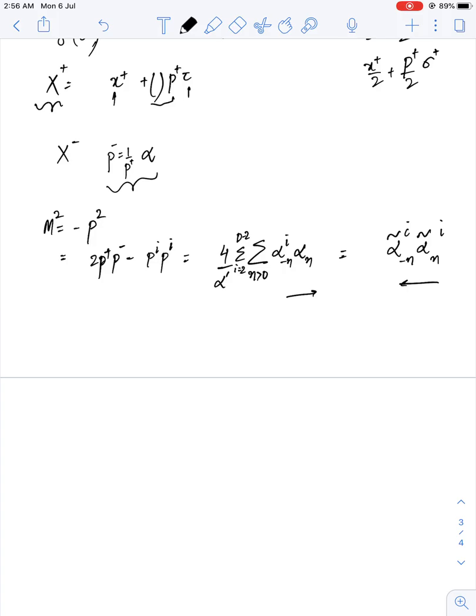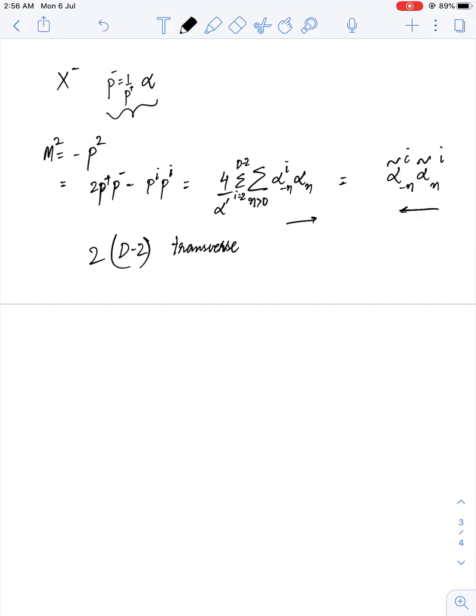If you are given these operators, you have the whole system done. So you got rid of the gauge. Because these are d minus 2 operators, and there's 2 because one is left moving and another one is right moving, so you get the total number of operators, and these are called transverse operators, or transverse modes.